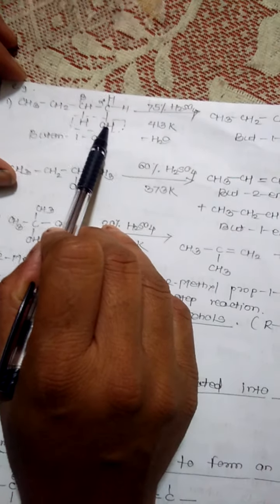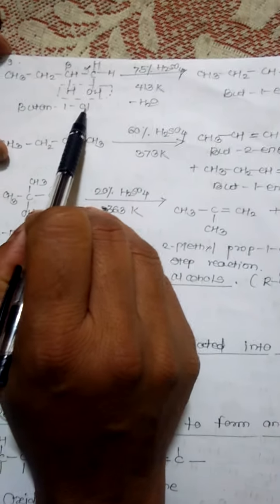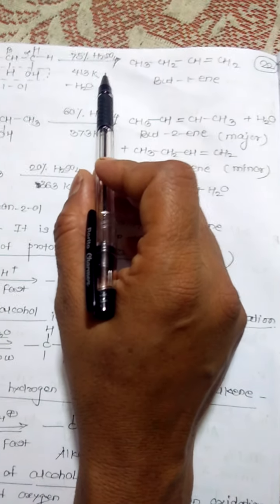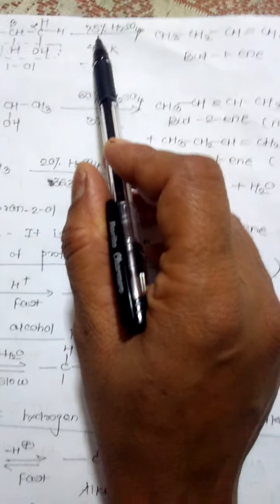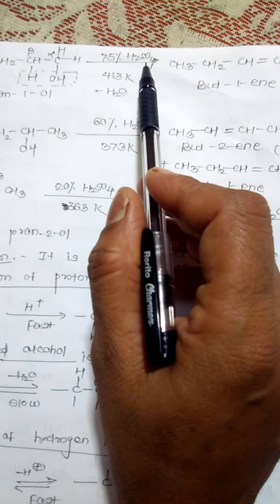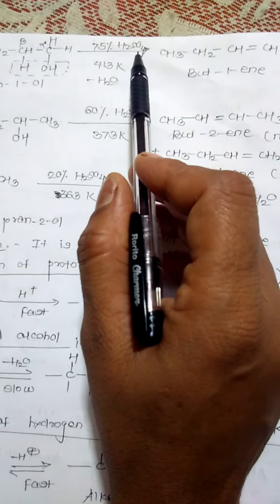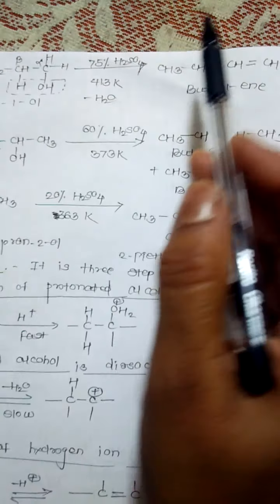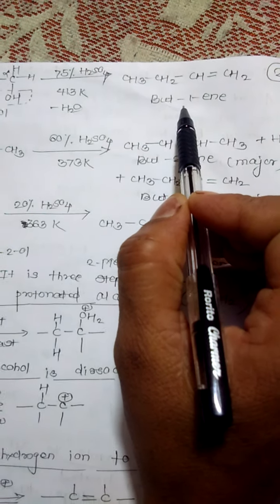See the example. When we take the alcohol butan-1-ol, which is primary, to carry out its dehydration, 75% H2SO4 catalyst is required. It is highly concentrated, and forms the alkene butene.